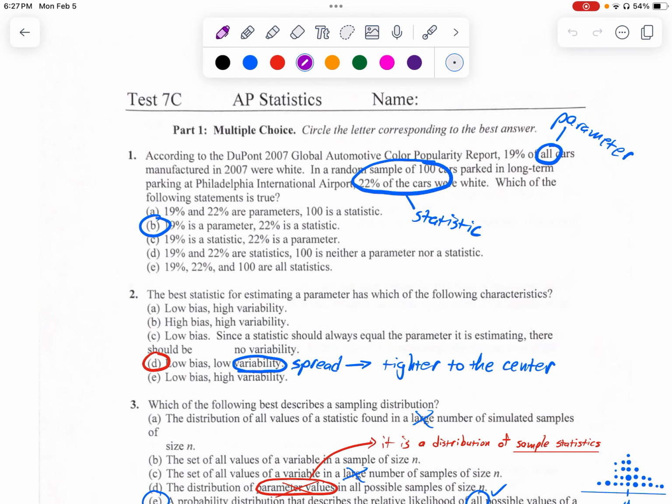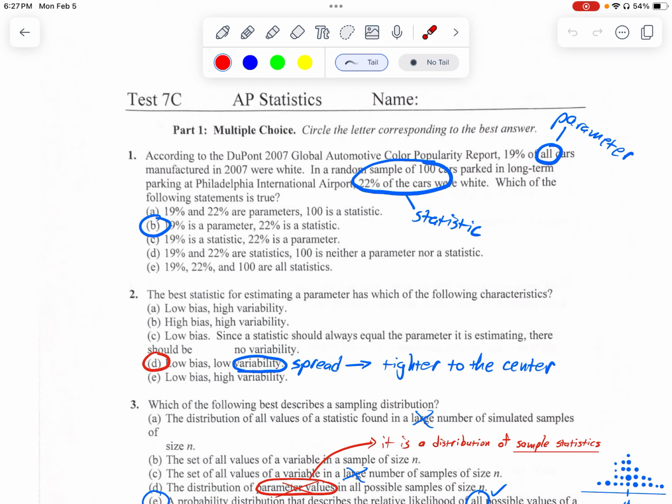Number one is essentially getting at what the difference between a parameter and a statistic is. So you've got here it says 19% of all cars. So that is talking about the population. So it is a parameter.